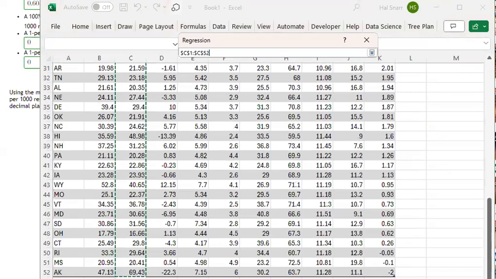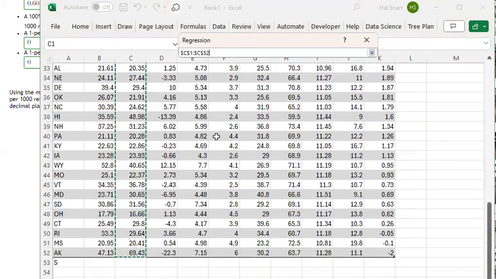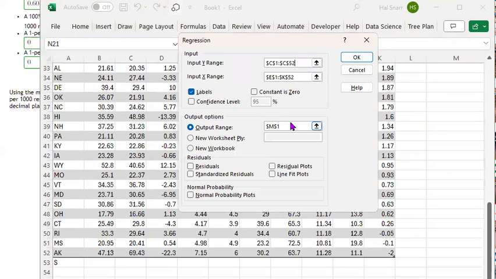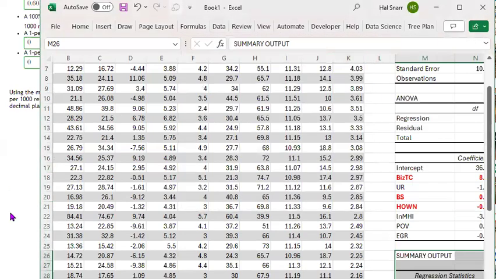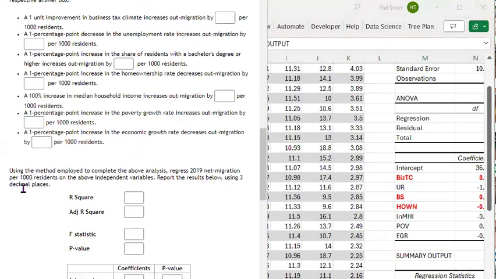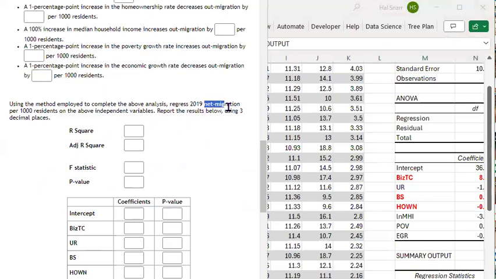And then I want you to put the output below the first set of regression results. I have it in cell M26, and then hit OK.